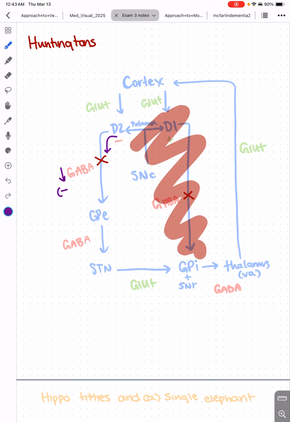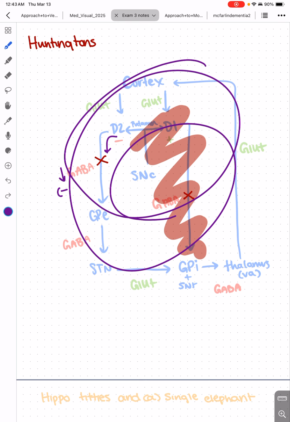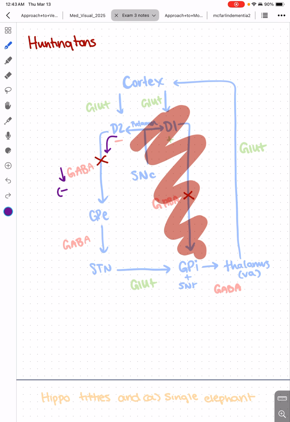Okay, you don't have to go through this whole thing, right? All you need to know is that there was increased activity at GPi. What does GPi secrete? It secretes GABA. If you have increased GABA, you take a positive times a negative, and you think, okay, that's a negative.